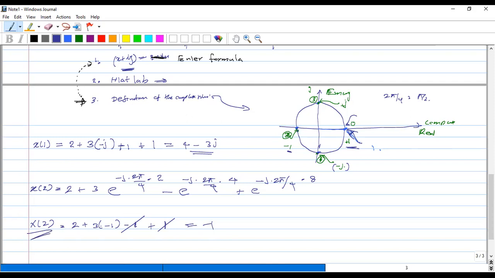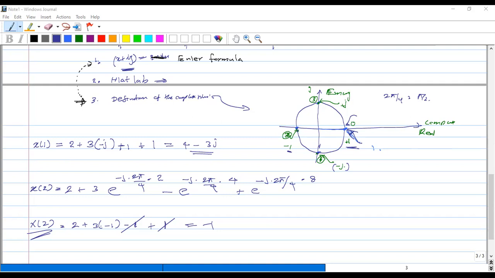Quickly we will see using Matlab. So here you will have instead of 2π/4, you have 2 here, and minus e to the power 2π/4, you have over here, and plus e to the power minus j2π/4 times 8.